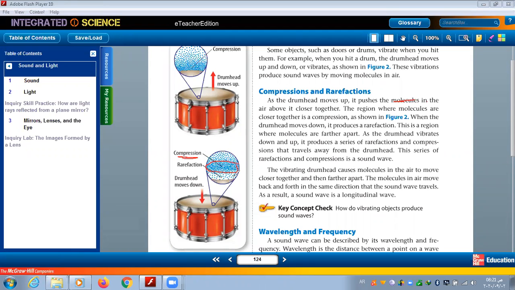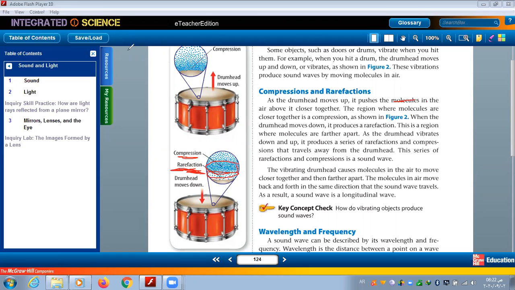This region where the particles are away from each other, it's called what? Rarefaction. So what are compressions and rarefactions? Regions in the sound wave: compressions where particles are close to each other, and rarefactions where the particles are far away from each other.